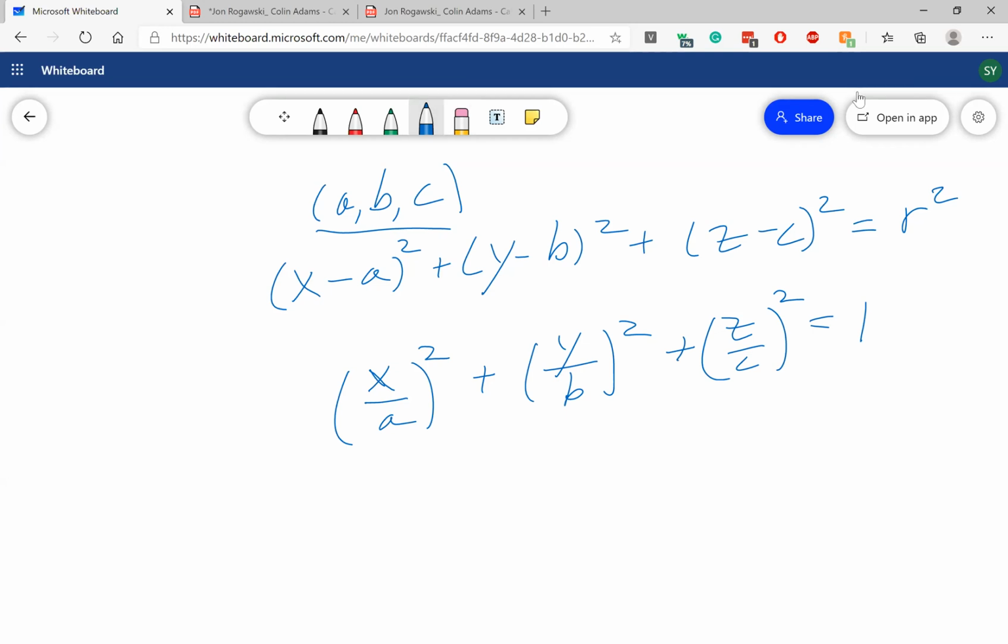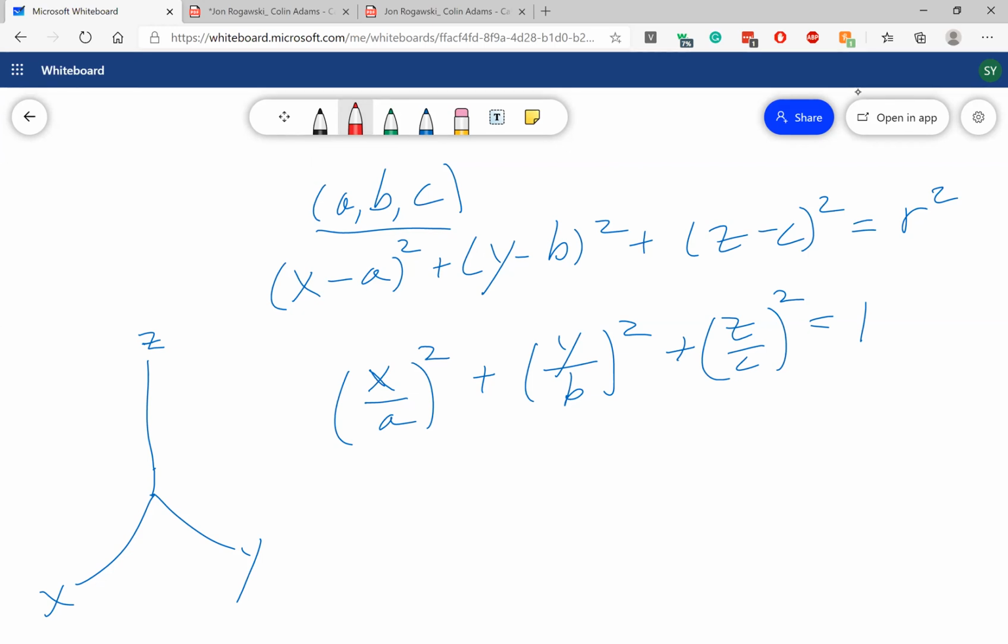And the way to do it is by drawing our axes. So here's our x, and here's y and z. And then trying to understand what kind of shapes we get when we restrict our ellipse in different dimensions. So let's first start with the z dimension. What happens if z is equal to 0?